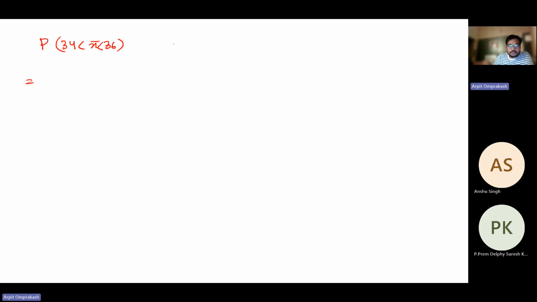We'll again transform this into a z-score. So z is equal to x bar minus mu by sigma by root n. So probability that 34 minus mu by sigma by root n is less than x bar minus mu by sigma by root n, which is less than 36 minus mu by sigma by root n.